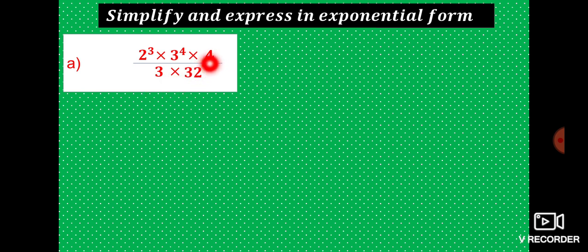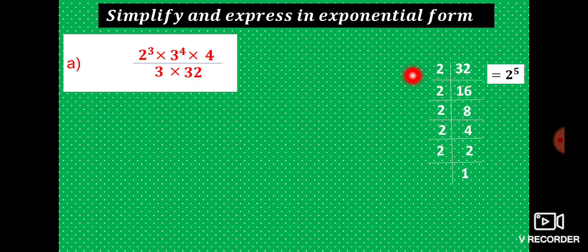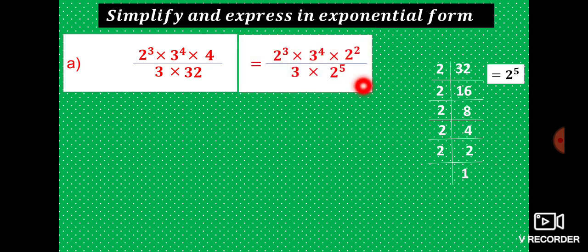So first we change 4 and 32 into exponential form. 4 we know is 2 square. For 32, by prime factorization we will get 2 raised to 5. So instead of 32 we write 2 raised to 5, and instead of 4 we write 2 square.